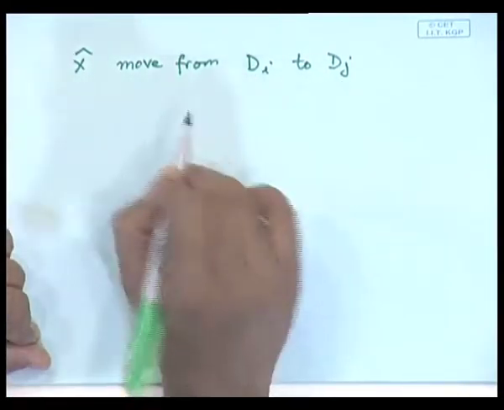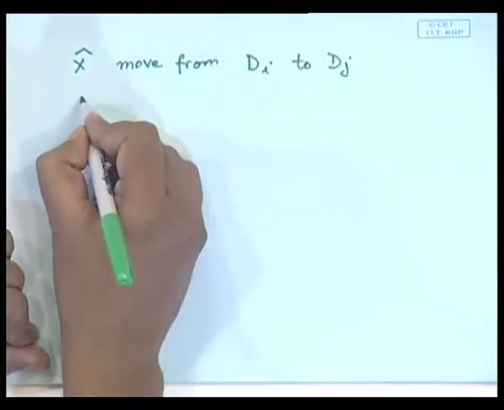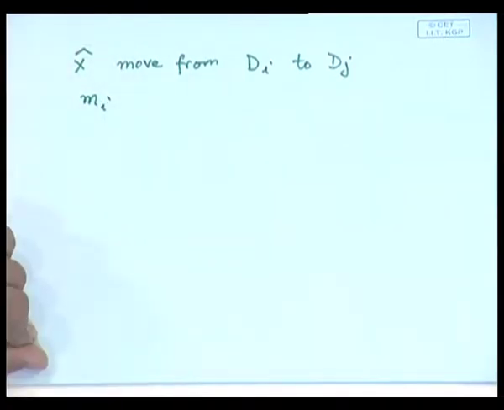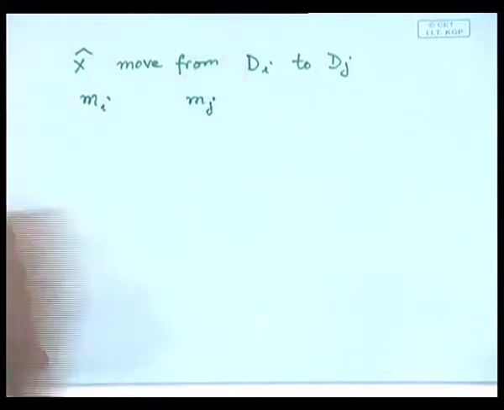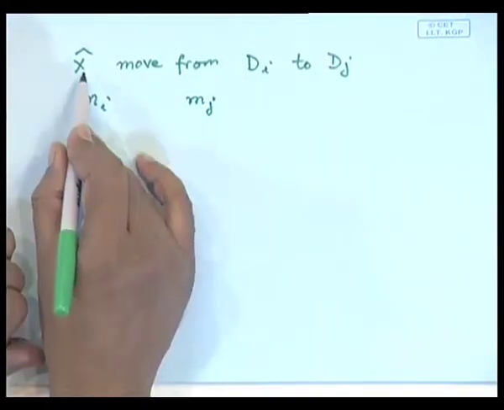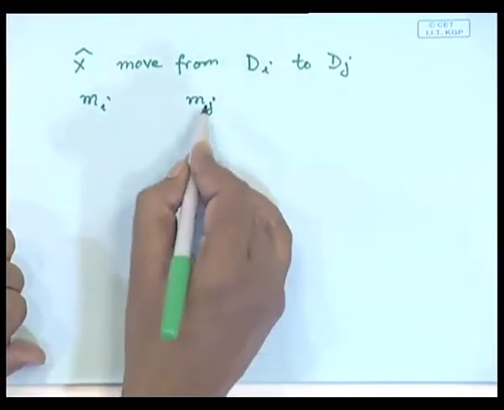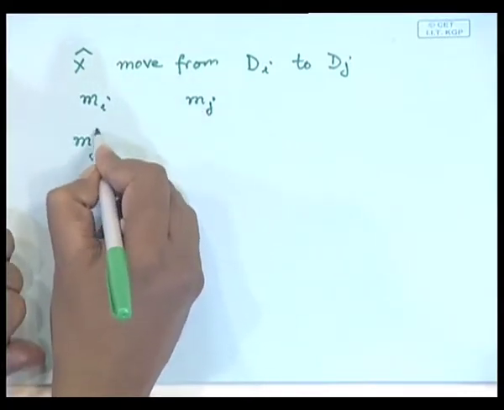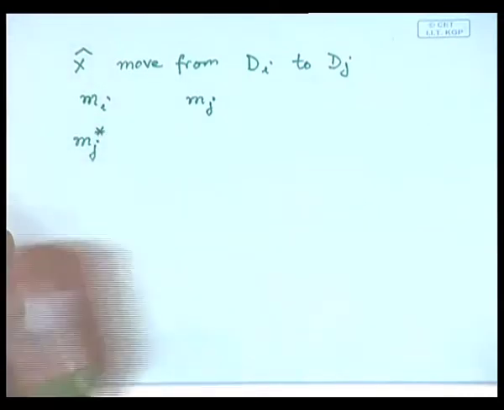Okay. So, when I try to do this, the ith cluster initially had mean m_i. Similarly, the jth cluster had mean m_j. Okay. So, as I am pushing x hat from the ith cluster to the jth cluster, this m_j, the mean of the jth cluster, will be changed to, let us put it as m_j star, that is the new mean of the jth cluster.